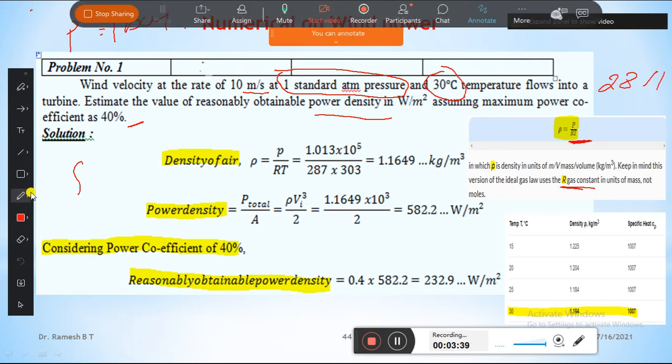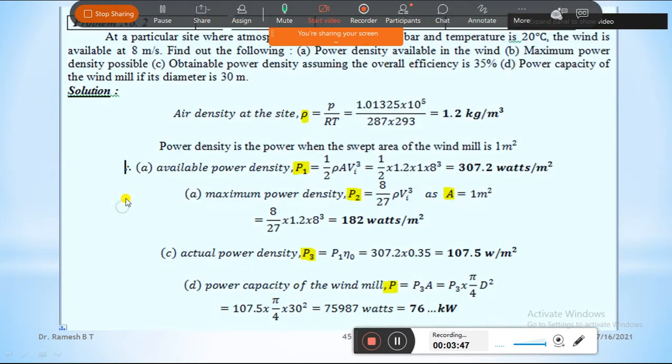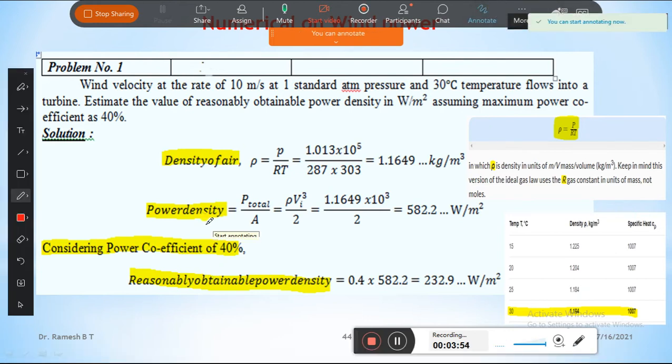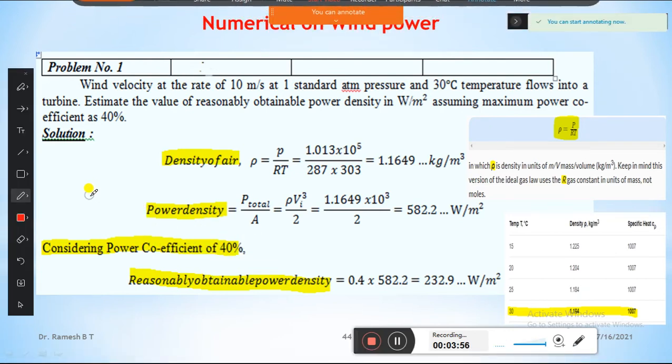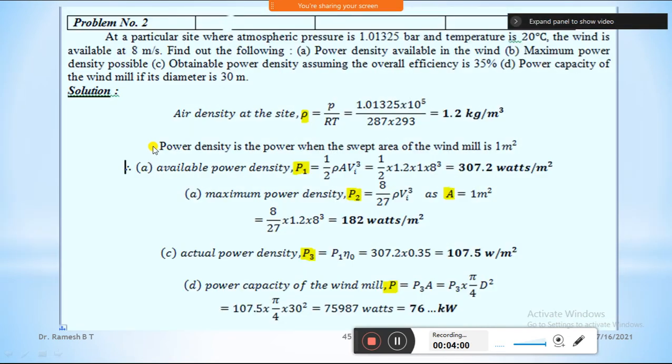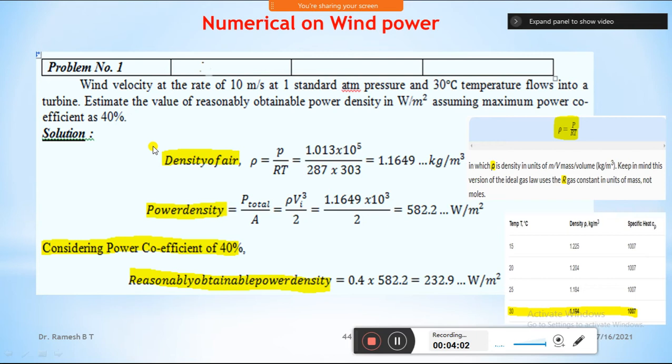So 1 bar means 10 raised to 5 Newton per meter square.